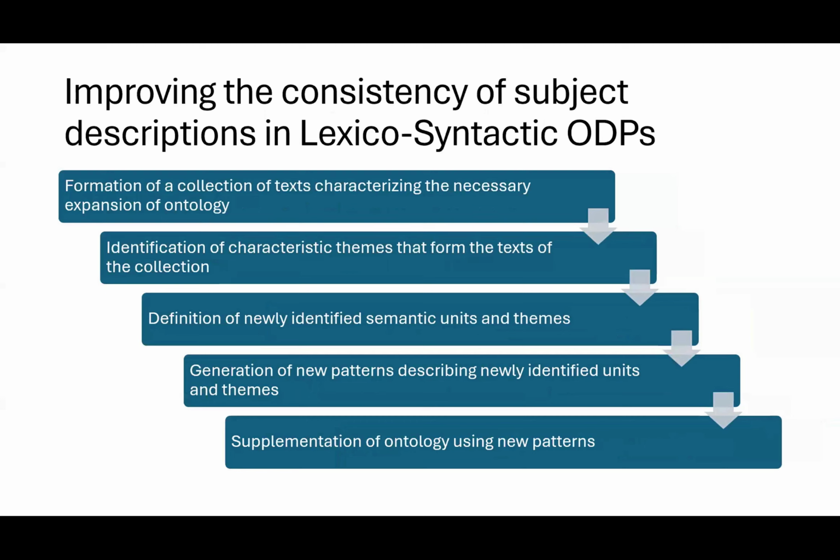How we can improve the consistency of subject description in lexico-semantic ontology design patterns is by following these steps. The diagram of the proposed process is presented on the slides.